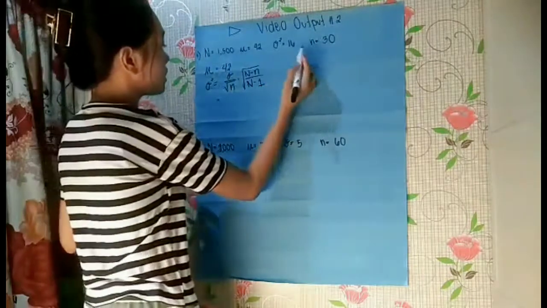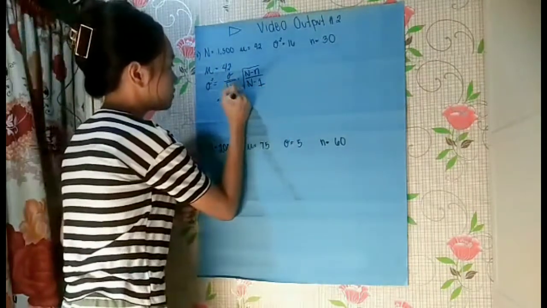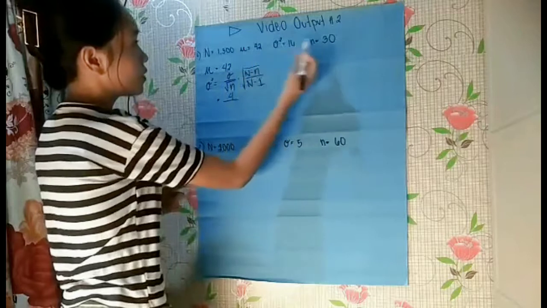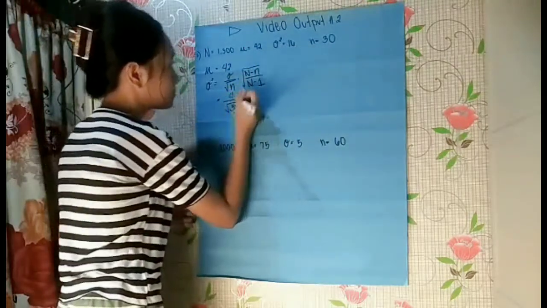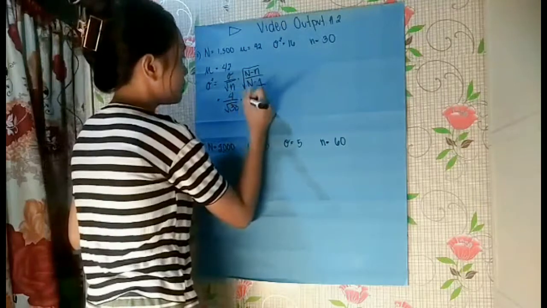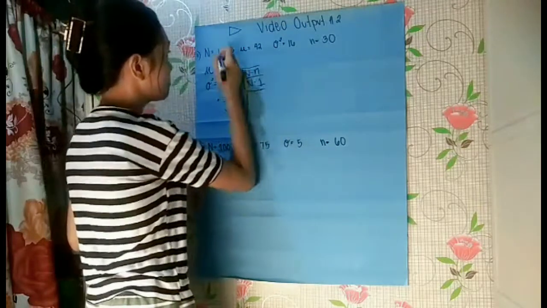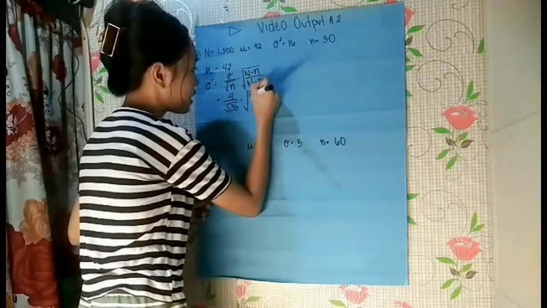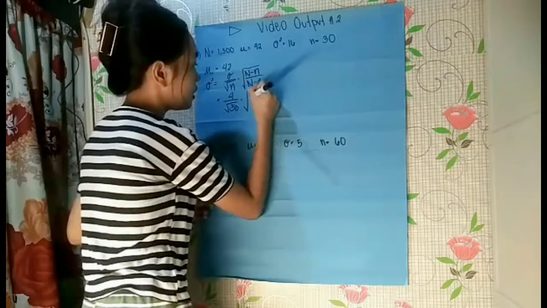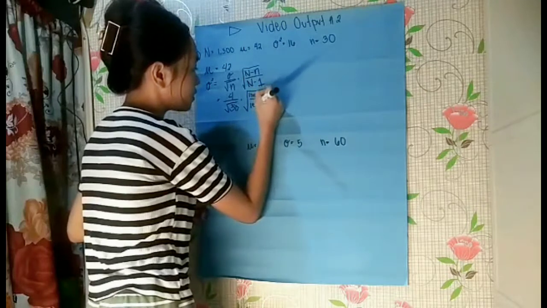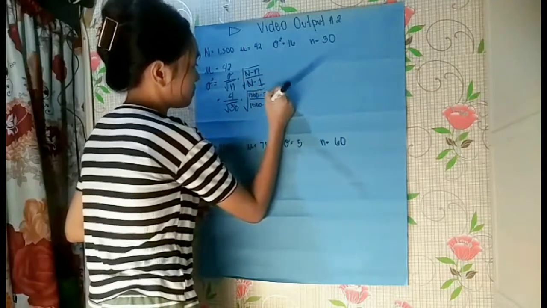The square root of 16, we all know, is 4, and the square root of the sample size is the square root of 30, multiplied by the square root of the population 1,500 minus the sample size, which is 30, over the population minus 1.